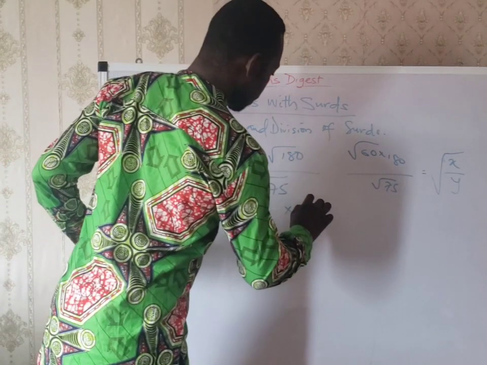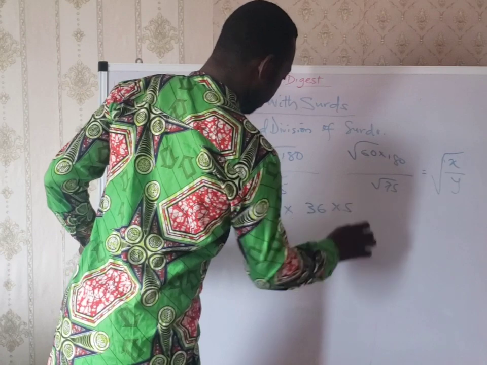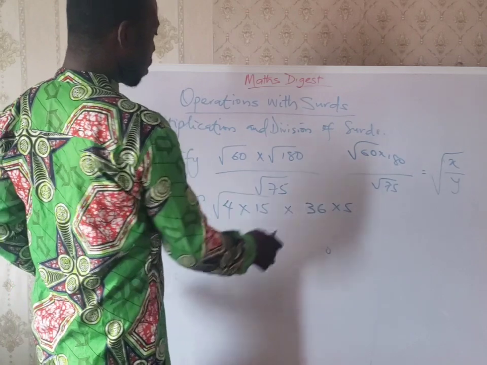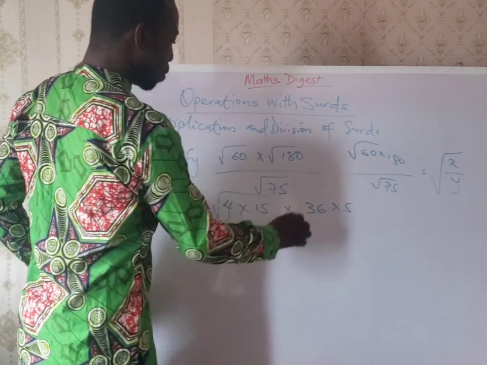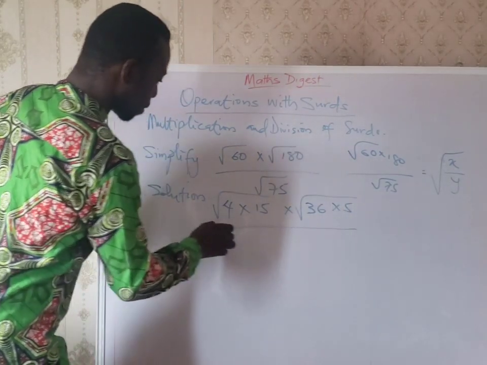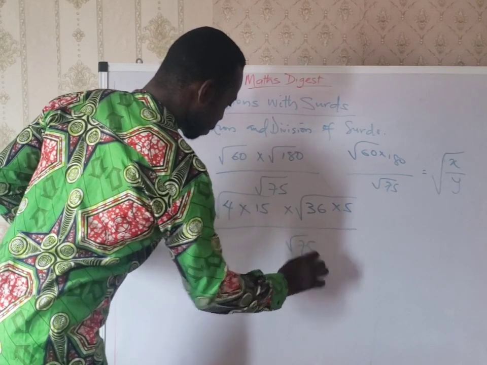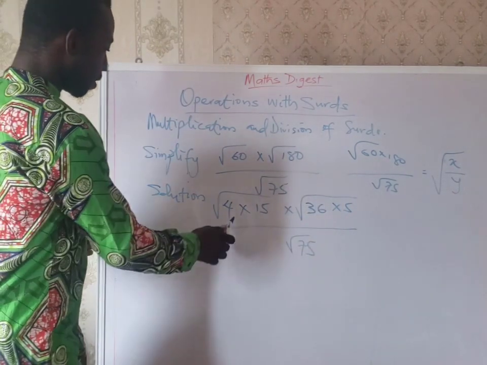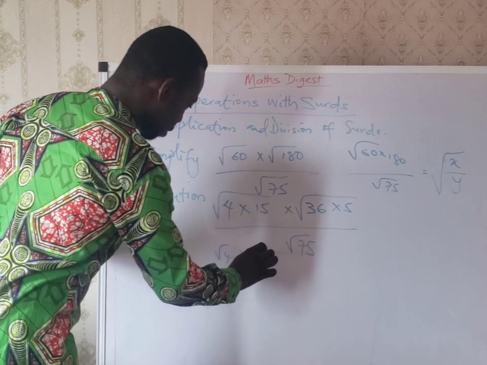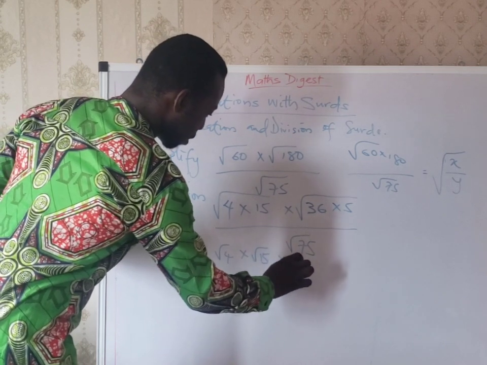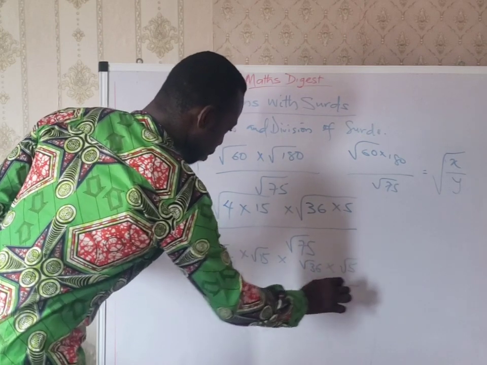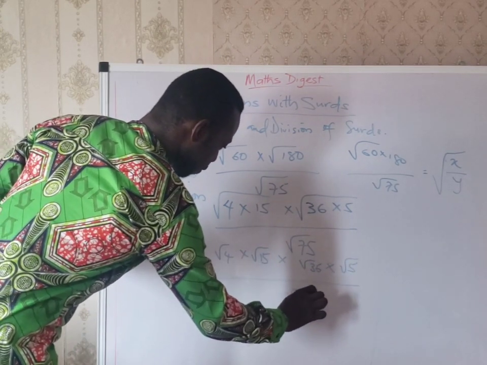So 36 times 5, because 6 times 0 gives 0, and 6 times 3 is 18, plus the 15 gives you 180. So this is root of 36 times 5 all over root 75. From here you can say root 4 times root 15 times root 36 times root 5 all over root 75.